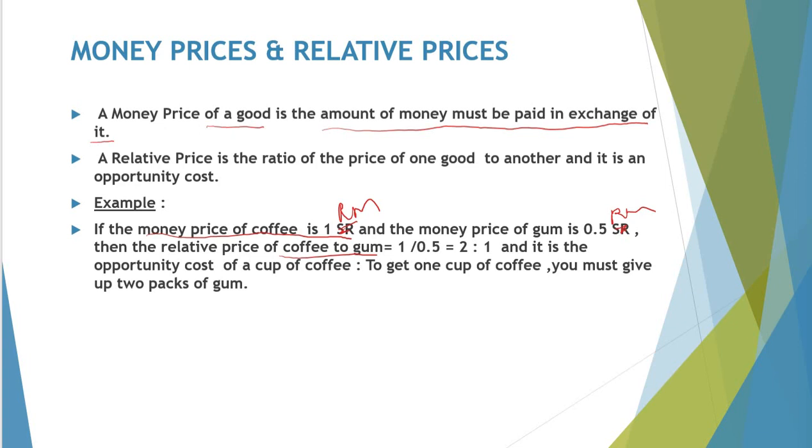If you don't have money to pay, you tak ada money price but you have relative price. For example, you nak kopi, tapi you ada chewing gum kat tangan you. Harga chewing gum tu 50 sen. Harga kopi tu adalah RM1. So you tukarlah 2 biji chewing gum dengan 1 cup of coffee. So that is the relative price. Dia based on ratio 2 to 1. Okay. Got it?